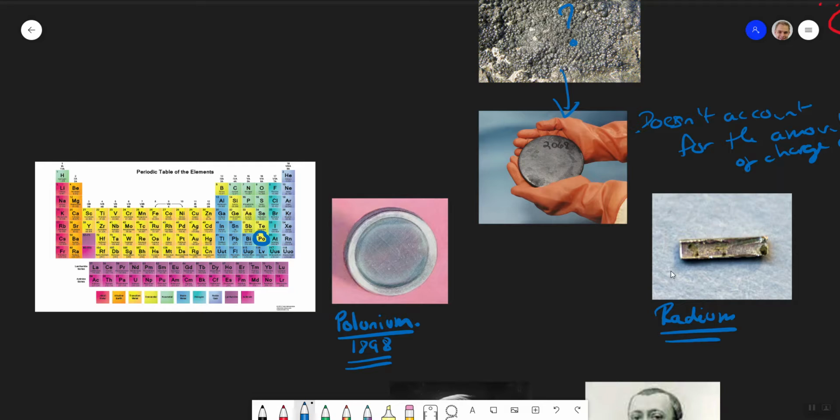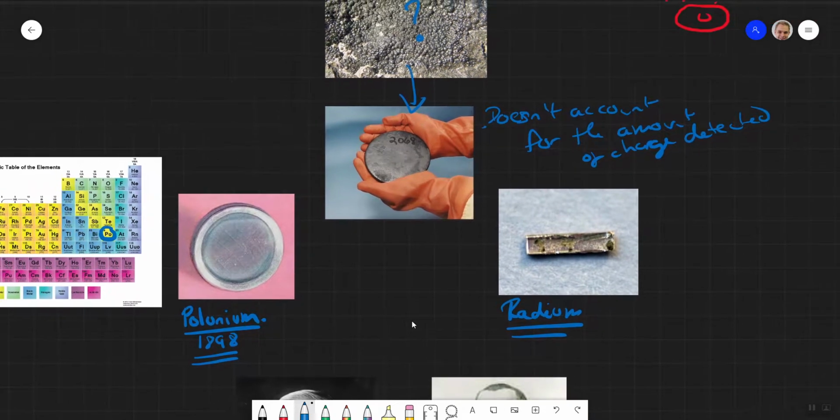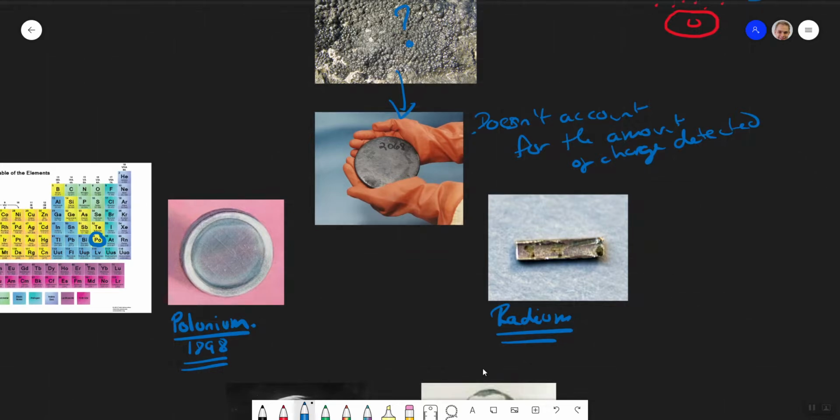Now, what they were trying to do is that radium itself would never be isolated really until I think about 1910. The first time she would actually get it properly as a singular thing. She would get some radium chloride.